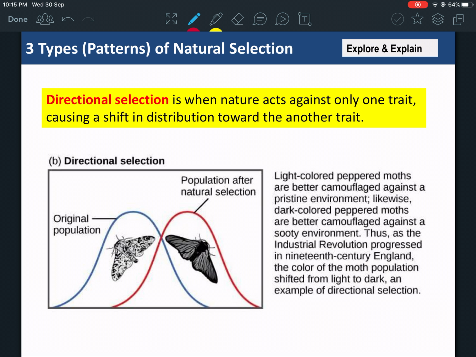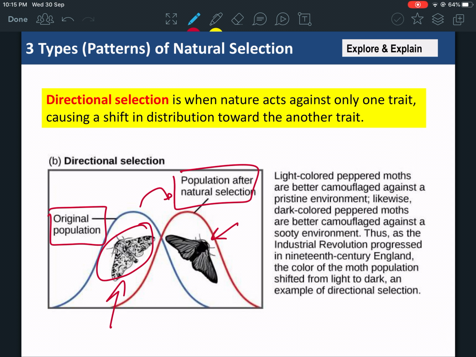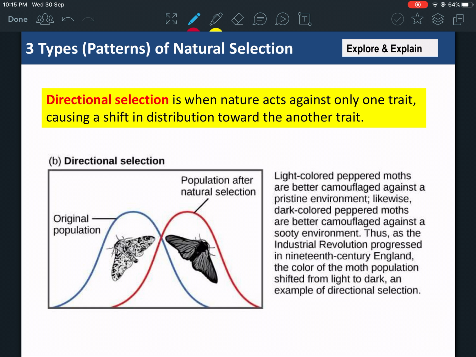So natural selection has caused a shift in population. Most of the moths were this color, and after natural selection, the moths became more black, and the others were dying out. This is called directional selection, where the population moves in one direction and favors one trait, and does not favor another trait.